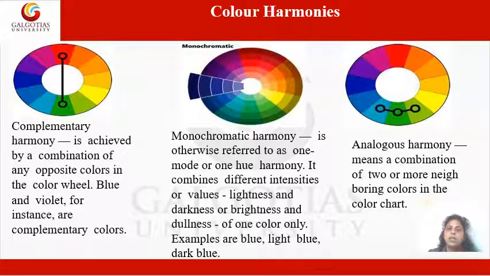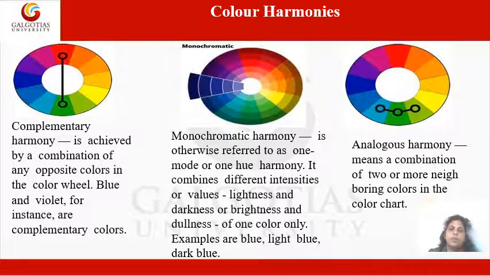As we have this color wheel and we have certain colors, two opposite colors, if we mix them, definitely we will have a better quality, a better combination. For instance, blue and violet are complementary colors. They can mix with each other easily.